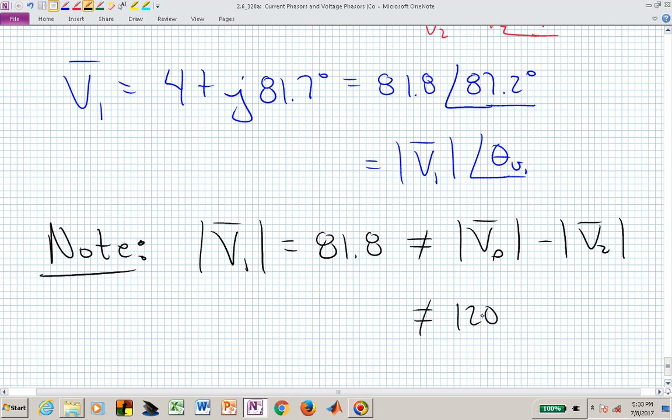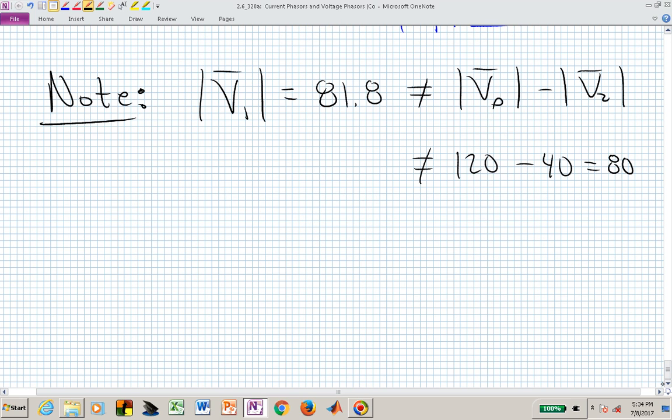But here we had 120 for the magnitude of V sub s, we had 40 for the magnitude of V sub 2, and we have then 80 for the result. So it's almost, but it's in fact not the same. We can't just add and subtract magnitudes of voltages or currents.